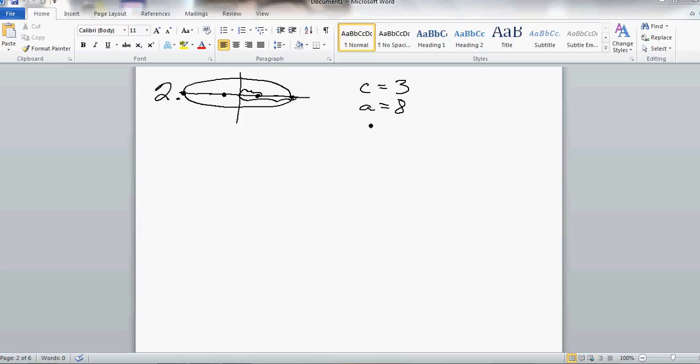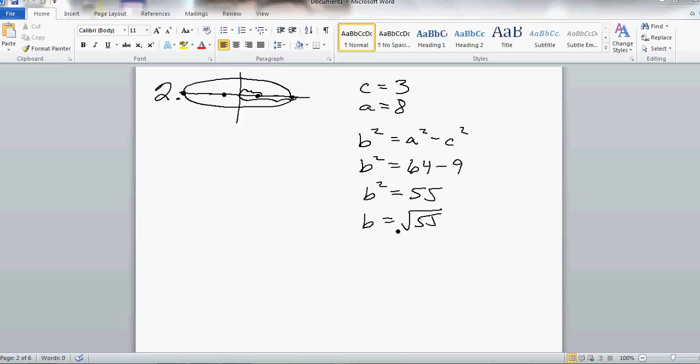And so then we need to be able to calculate what b is. Well, b squared equals a squared minus c squared. This is the relationship we need to remember. So b squared would equal 8 squared is 64, c squared is 9, 64 minus 9 is 55. And so b would equal the square root of 55.